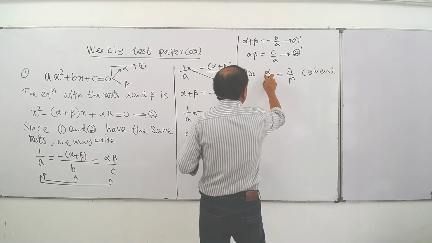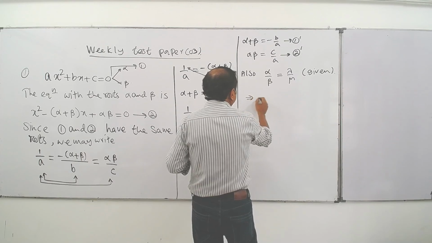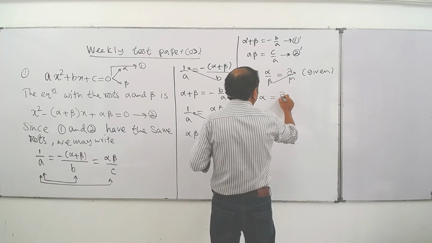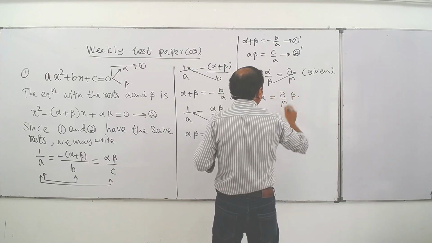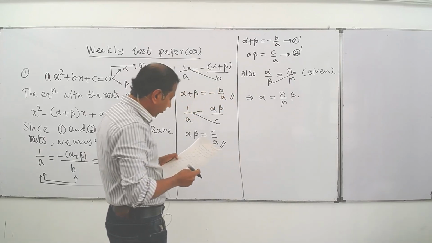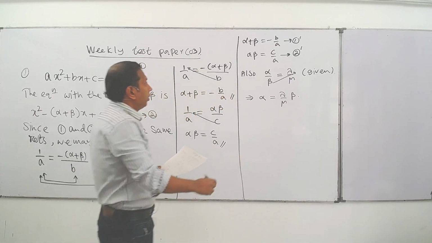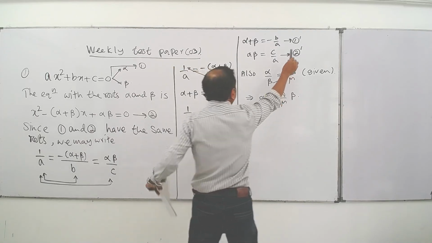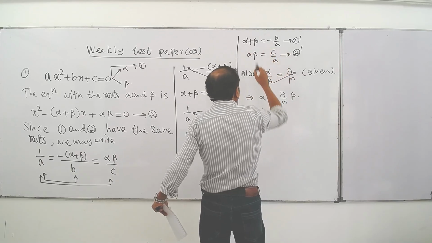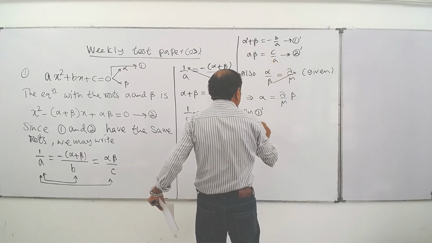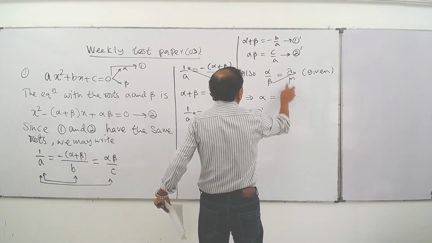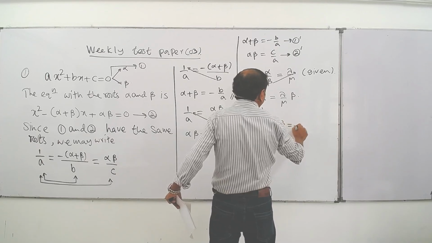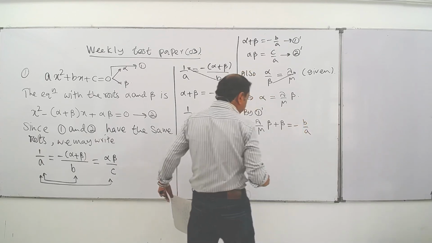By this, using cross multiplication, we can make alpha the subject: alpha is lambda upon mu times beta. Then by 1 dash, substitute this alpha: lambda upon mu beta plus beta is minus b upon a.